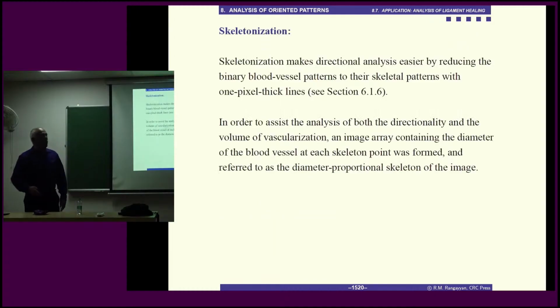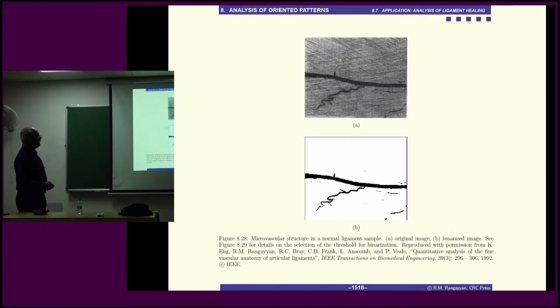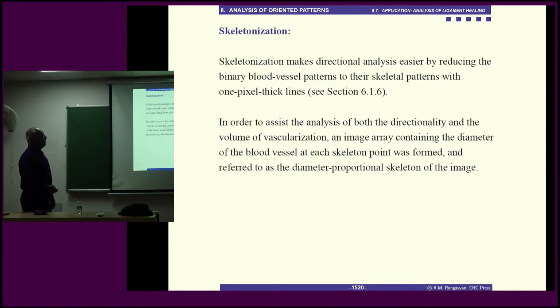Then we wanted to perform skeletonization to get the angle at every pixel. If you take this image, it's a bit hard to find the angle. So if you can just find the skeleton, then at each point we can find the orientation by getting the tangent.